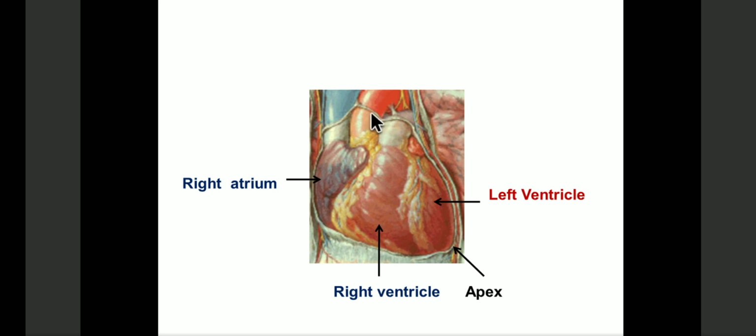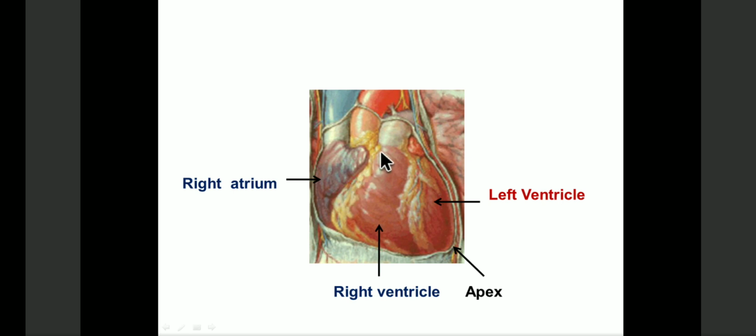If you look at the surface, once we remove the pericardium covering the heart in situ, on the sides we see the lungs covered with pleura. But we can identify towards the right side some irregular dark colored area, which is the right atrium.